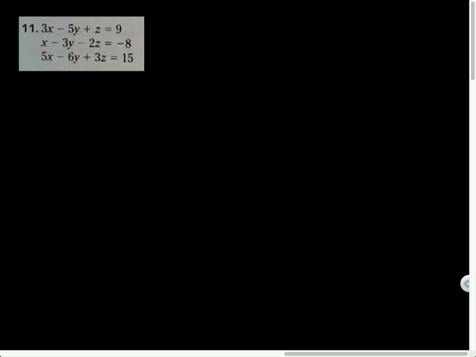So I'll even label these again. So let's solve equation B for x. I've got x minus 3y minus 2z equals negative 8. Let's just move everybody over.